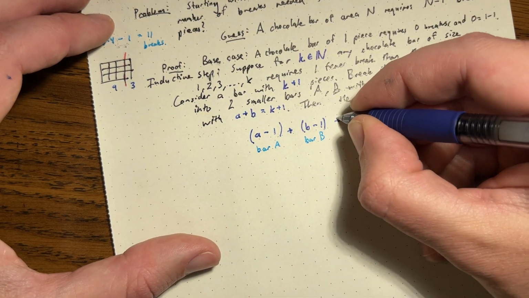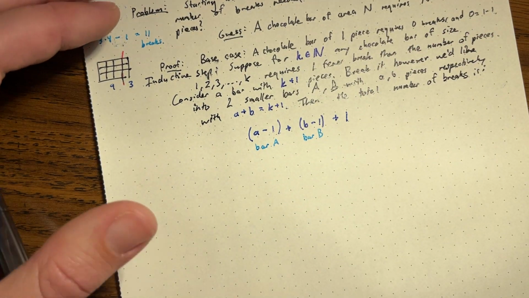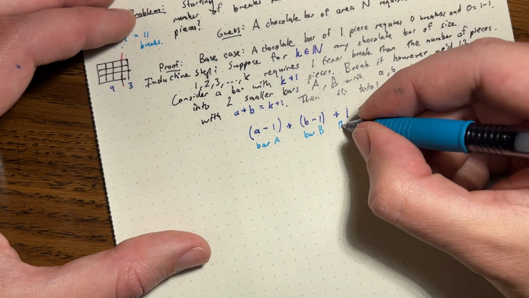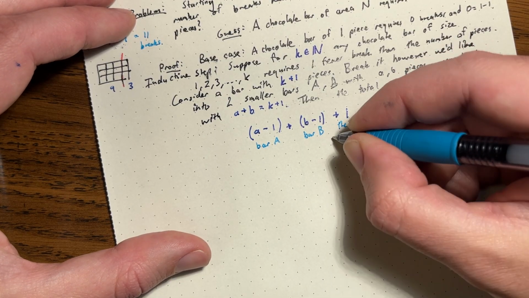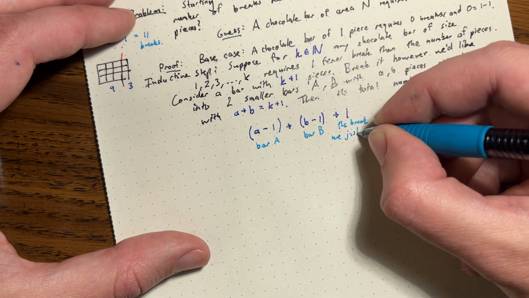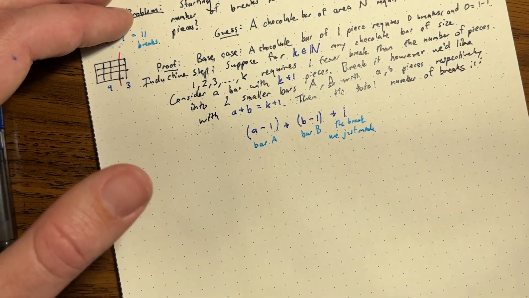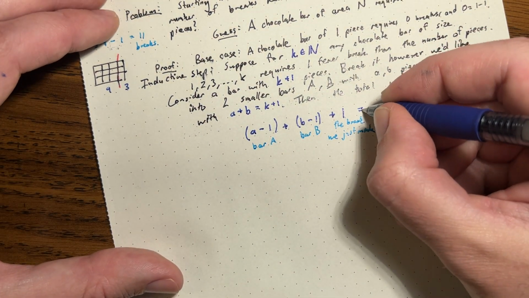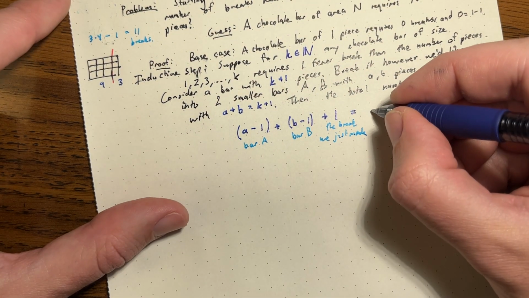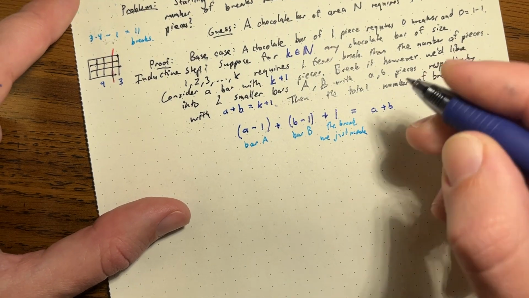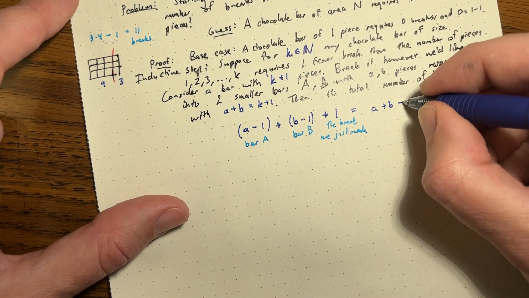But we also have the one break we just made. Okay, and what does this add up to? Well, it adds up to a plus b plus, let's see, 1 minus 2 is minus 1.